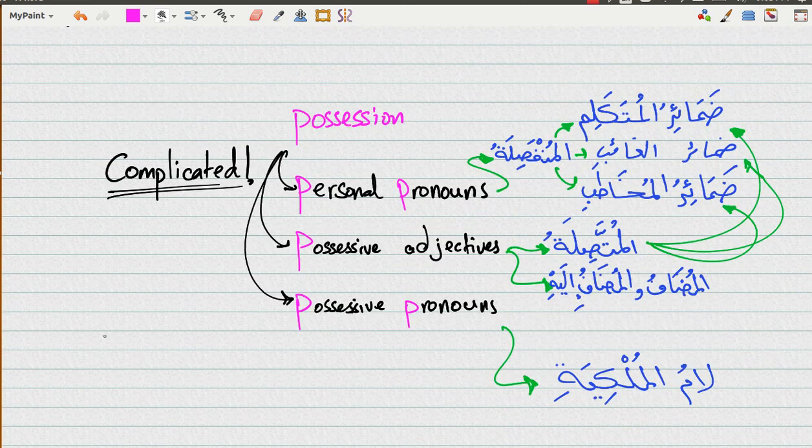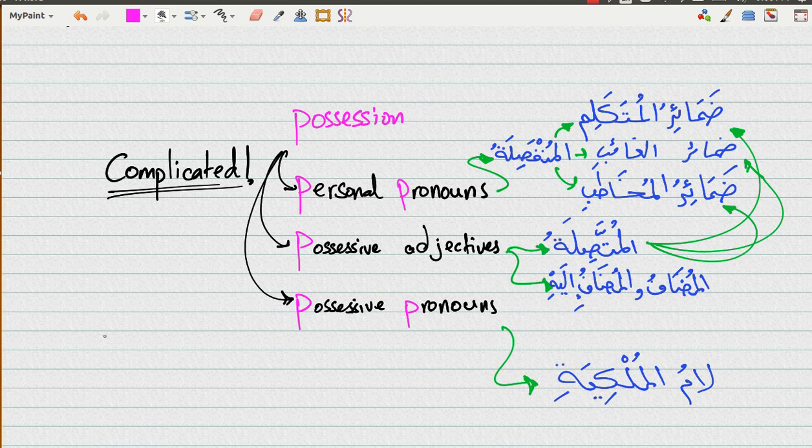In Arabic, personal pronouns are categorized, and we have a lot of pronouns. In English, you have what, 5, 6? 6. I, he, she, it, you, and they, right? But in Arabic, we categorize them according to who the pronoun refers to. Also, we have two types of pronouns.